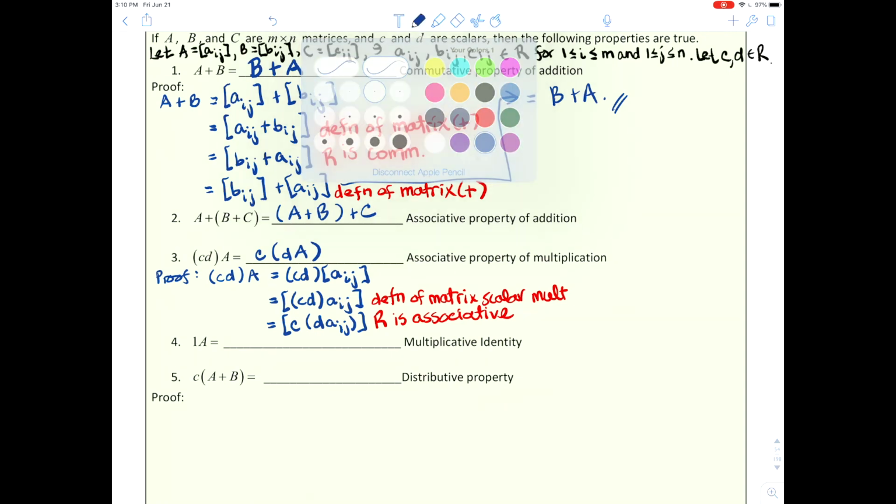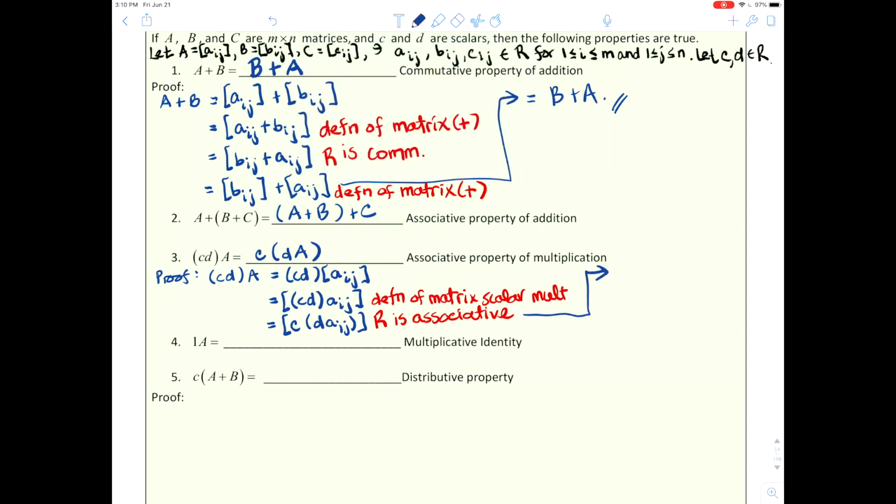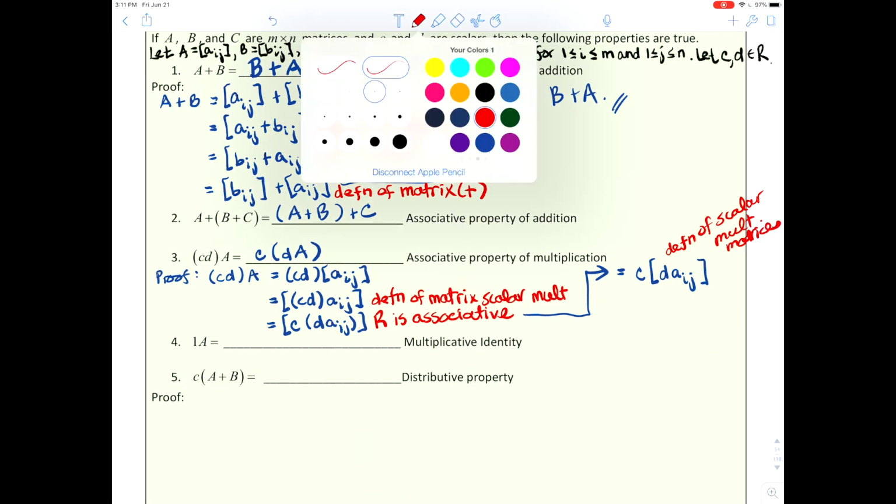Okay, moving right along, what will we get now? This will be equal to c times the representative element d Aij, and that would be because, good, definition of scalar multiplication for matrices. And then what else do we need to do?